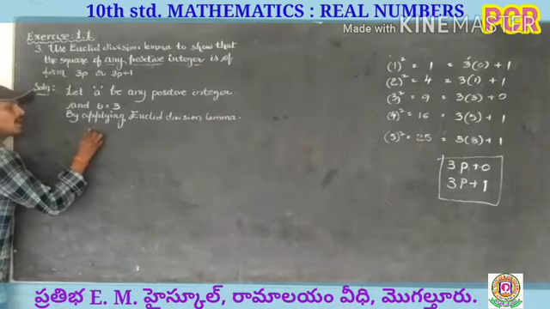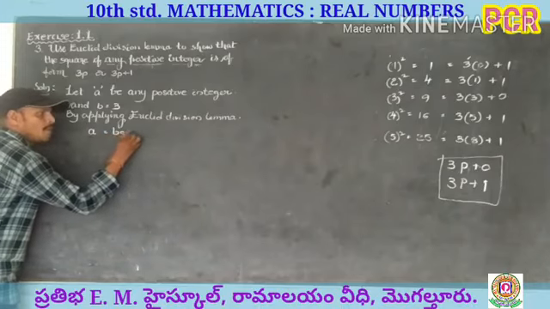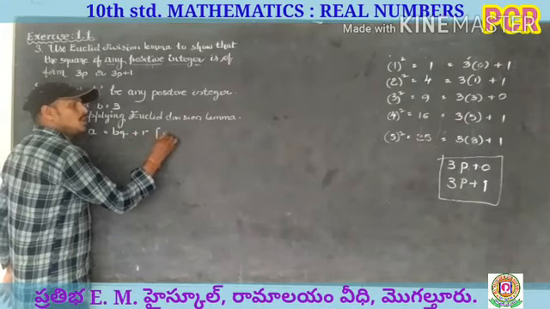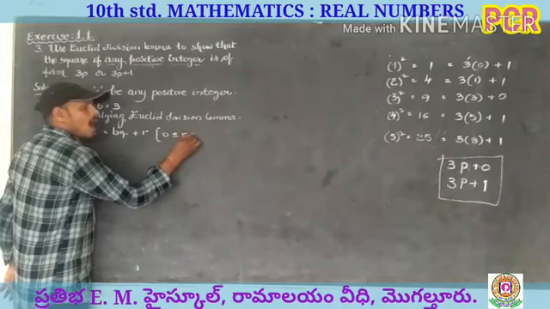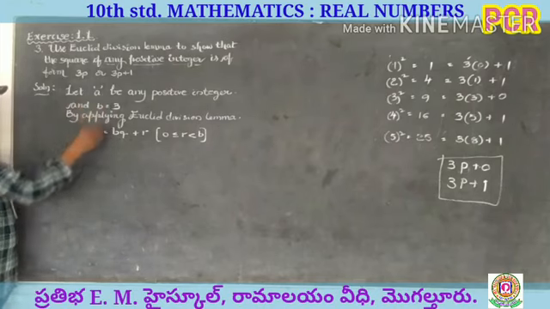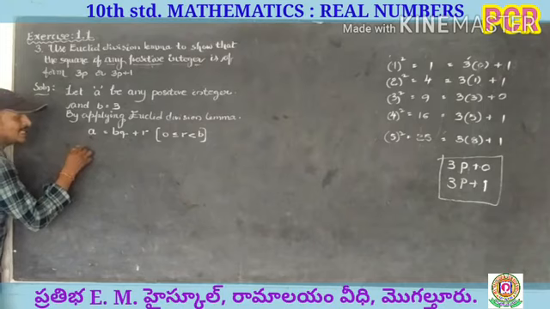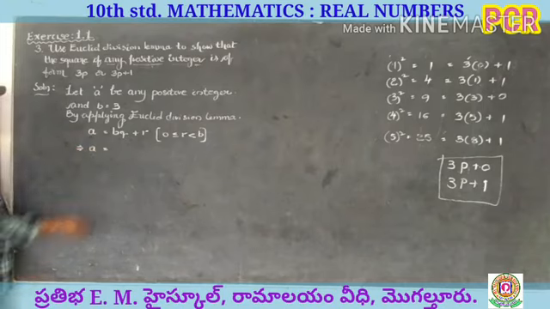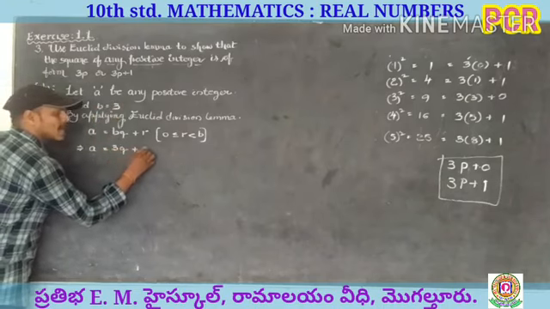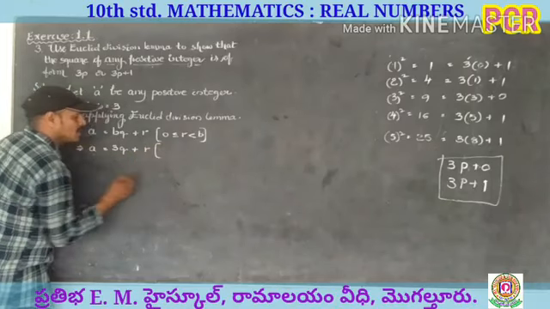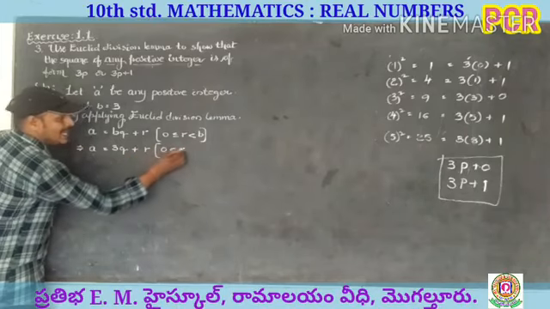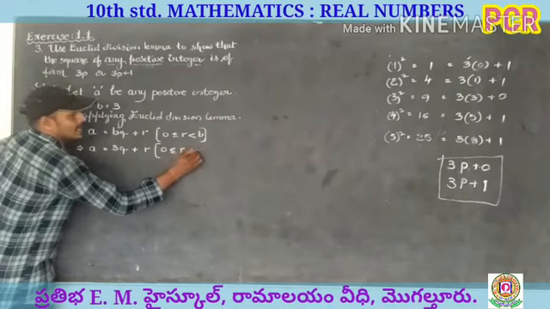What is Euclid division lemma? a is equal to bq plus r, where r is greater than or equal to 0 and less than b. Now just substitute: a is equal to bq plus r, and you can substitute the b value, a is equal to 3q plus r, where 0 is less than or equal to r and r is less than b, that means 3.